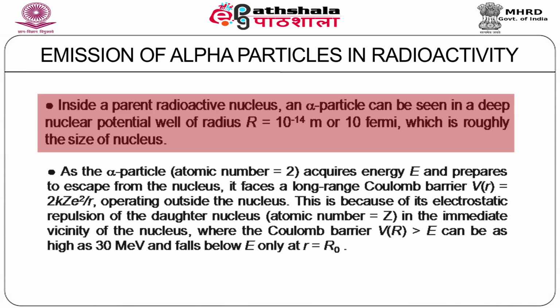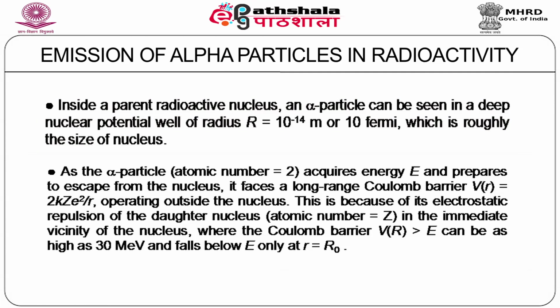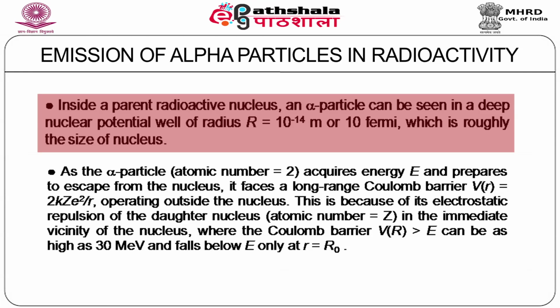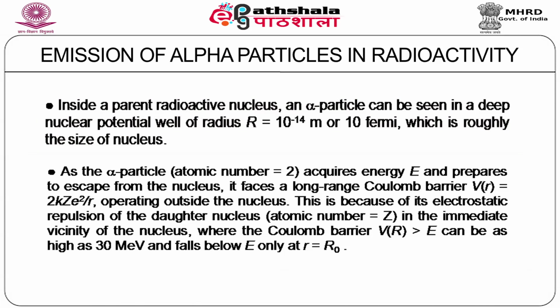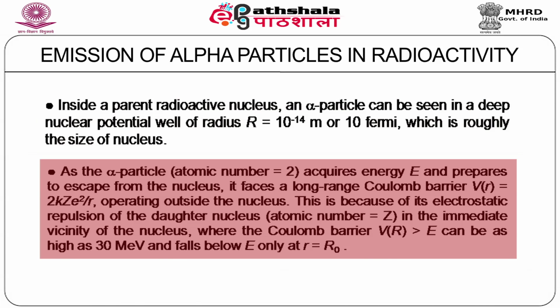So inside a parent radioactive nucleus, an alpha particle can be seen in a deep nuclear potential well, as I said, of radius of the order of 10 to the power minus 14 meters, which is about 10 Fermi. That's approximately the size of a heavy nucleus from which alpha particles are emitted. Now, as the alpha particle consists of 2 protons and 2 neutrons, its atomic number is 2.